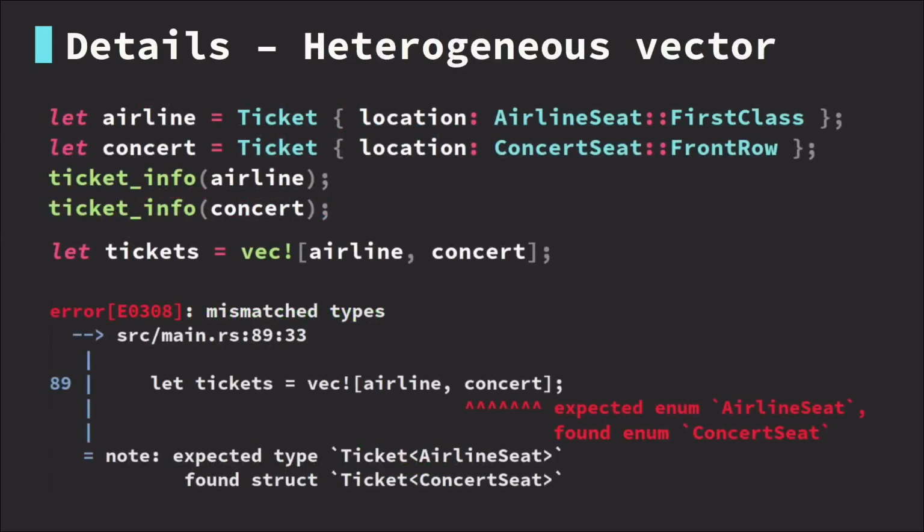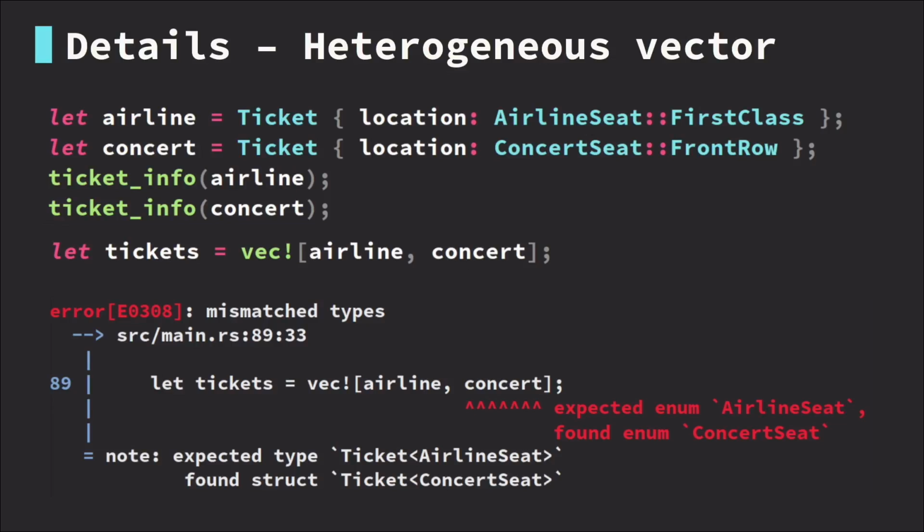It may seem intuitive to just take two tickets and put them into a vector for later processing. Since we could just call a function with different tickets, then this just makes sense. Both data types are ticket, as we can see here, and we both know that they implement the seat trait, so putting them both into a vector seems like it shouldn't be a big deal.